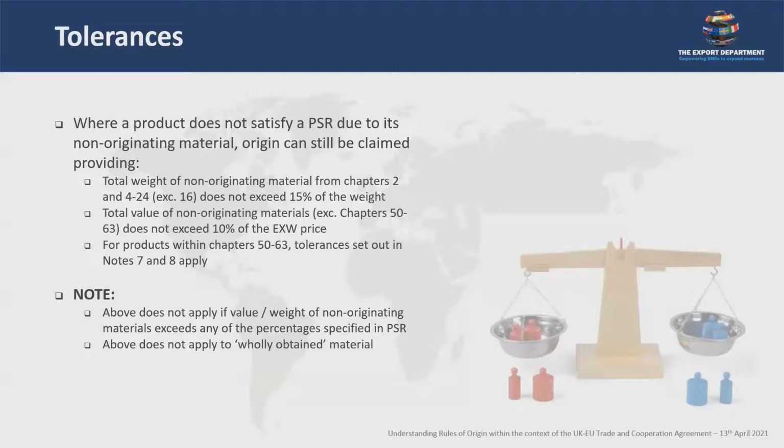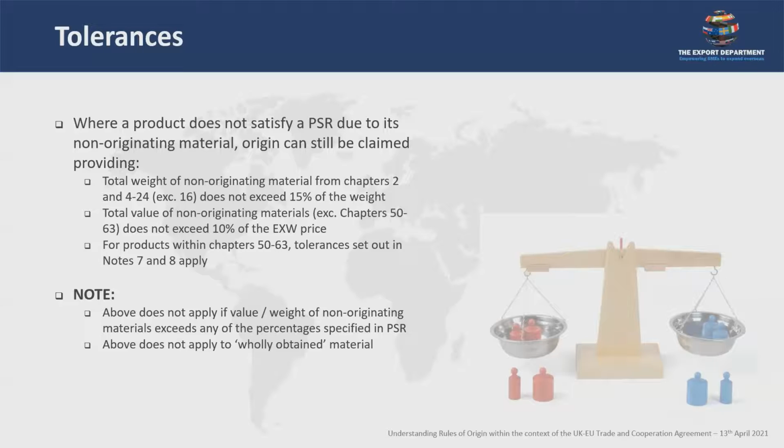Tolerances are an interesting one. All rules of origin in EU free trade agreements and preferential trading agreements contain what we call tolerance rules. They're also known as de minimis rules. These allow manufacturers in countries that are party to an agreement to use non-originating materials up to a certain preset percentage value in the production of goods with originating status, usually based on ex works value of the final goods, or the weight.